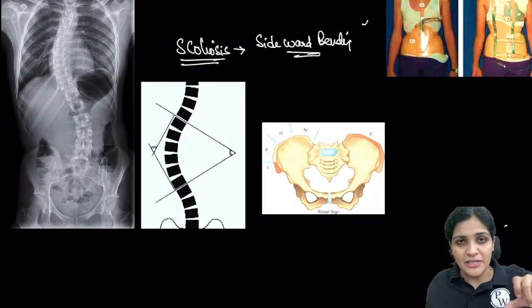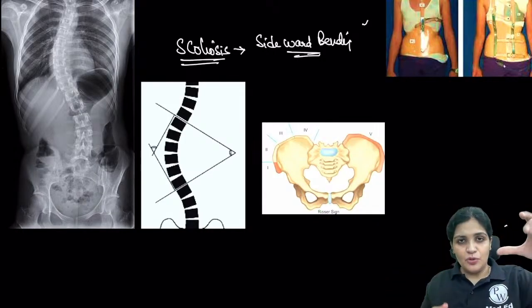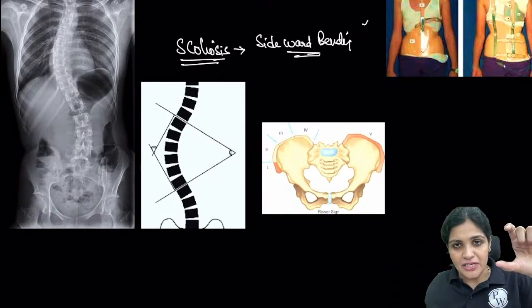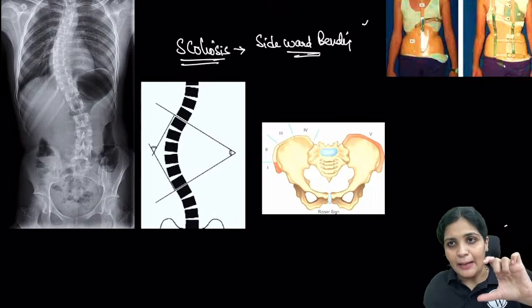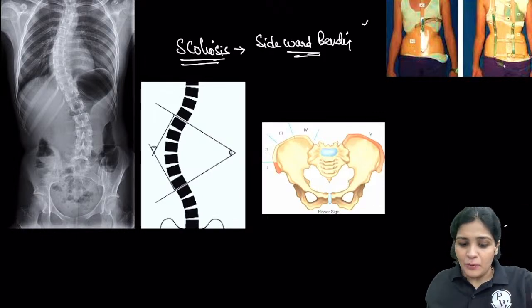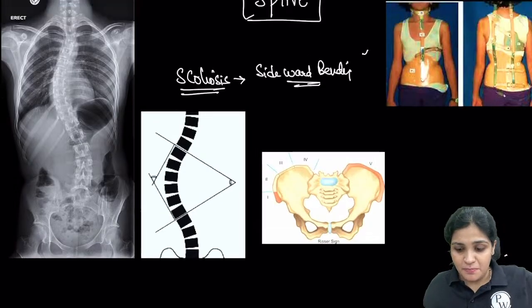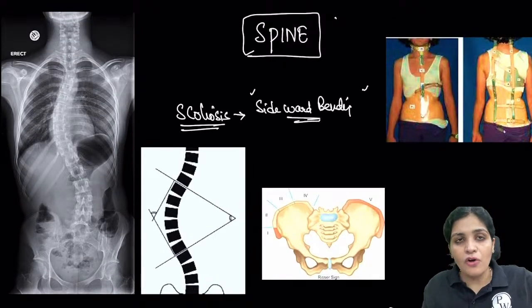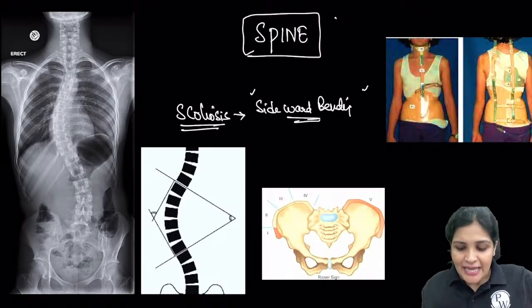You remember the spine is a curvaceous structure where you have cervical lordosis, thoracic kyphosis, lumbar lordosis. So this is a normal representation of the spine. But whenever there is some problem in the spine, it can bend sideward or forward. The forward bending is called kyphosis. The sideward bending is called scoliosis. So remember, S side, S scoliosis.